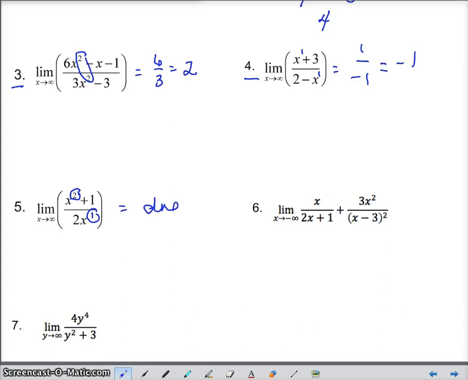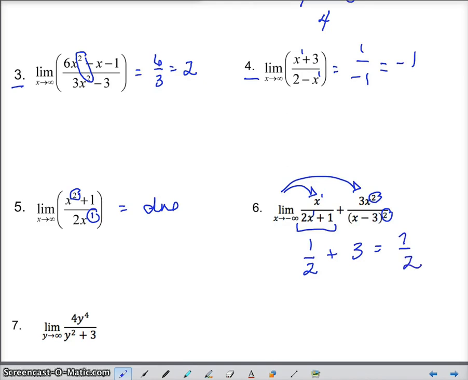In number 6, I want you to try the method that we used in example 1 or example 2. Remember, the method we used in example 2, you would evaluate the limit of each individual term, and that would keep you from having to calculate a common denominator in a new function. So in number 6, the degrees of the first fraction are the same, so I have the ratio of the leading coefficients, plus the degrees of the second term the same, so again I have the ratio of the leading coefficients, and 1/2 plus 3 is 3.5, or 7/2.